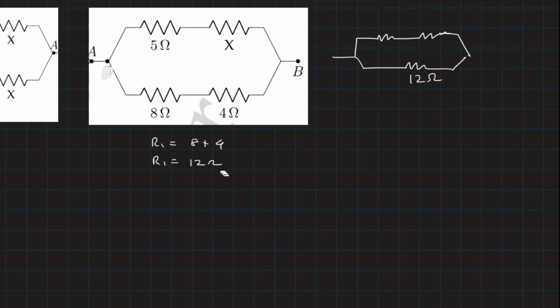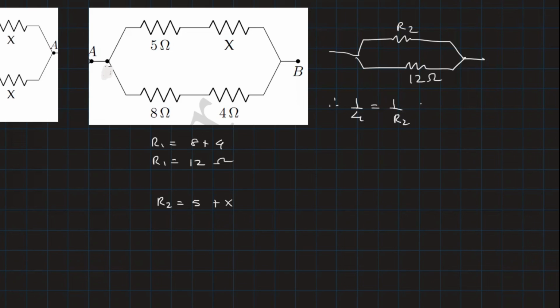R1 is 12 ohm. In a similar manner, I can call R2 as 5 plus X. So I can replace this over here by some R2. Now the resultant of those is 4 ohms. So therefore what we get is 1 by 4 equal to 1 by R2 plus 1 by 12.